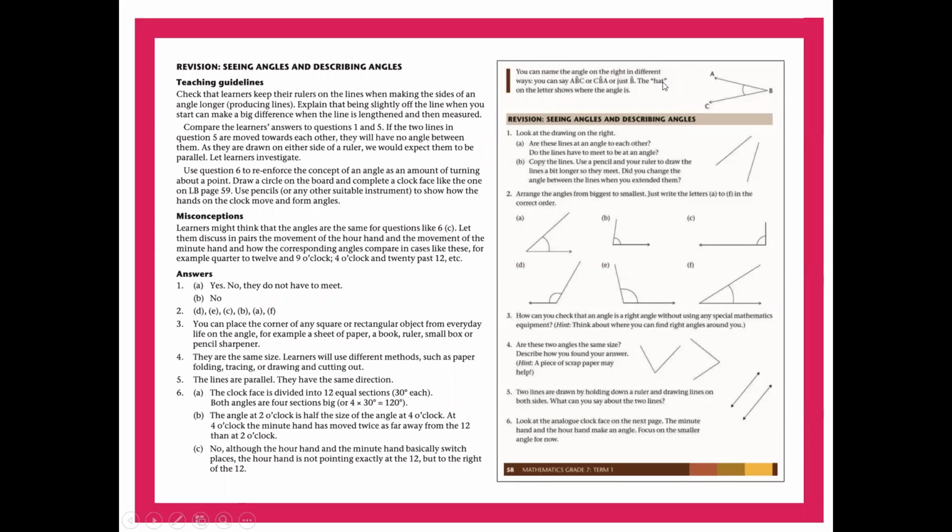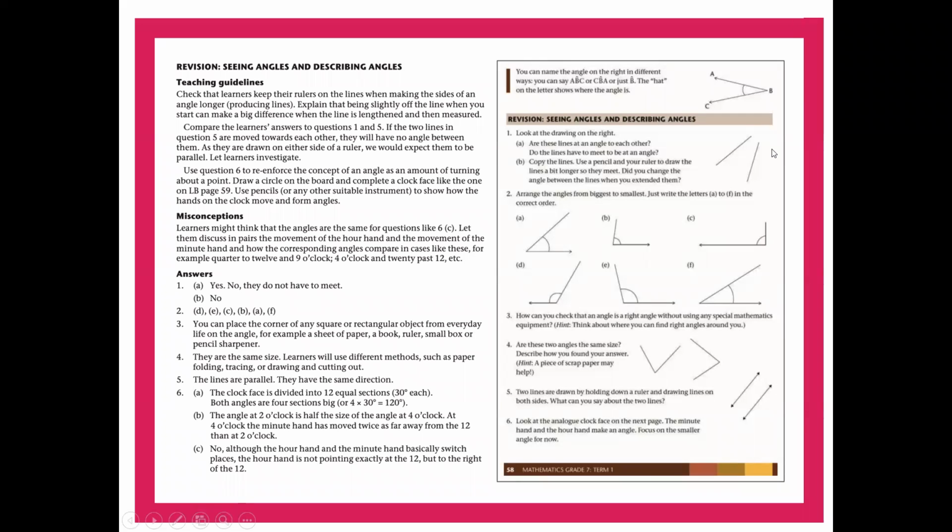It's just a revision activity to make sure that everyone is on the same page. Once again, to highlight, an angle is the amount that you have turned by. Number 1, look at the drawing on the right. Are these lines at an angle to each other?